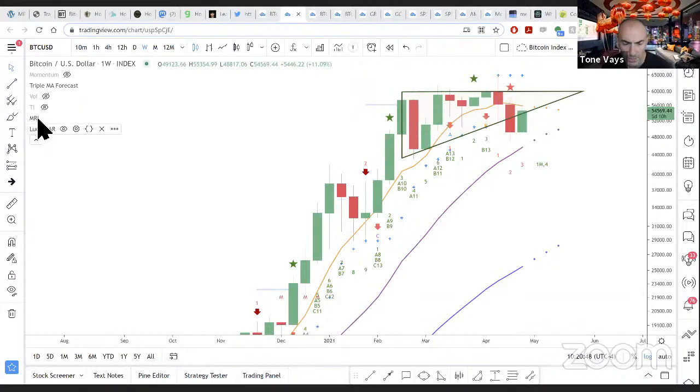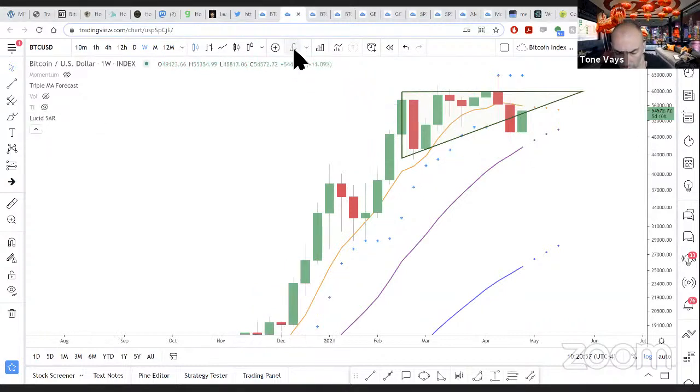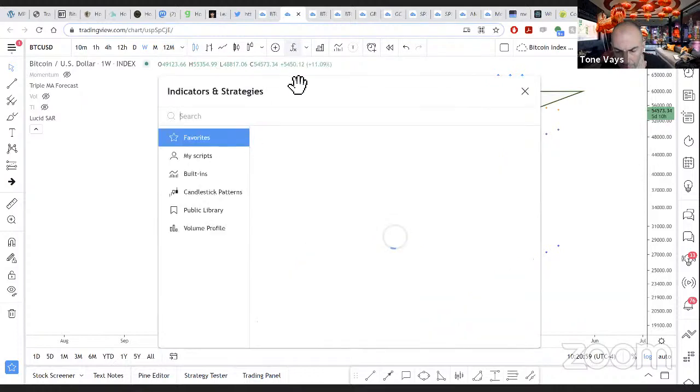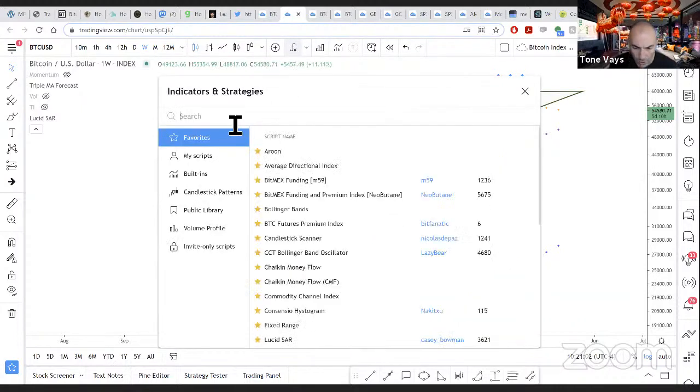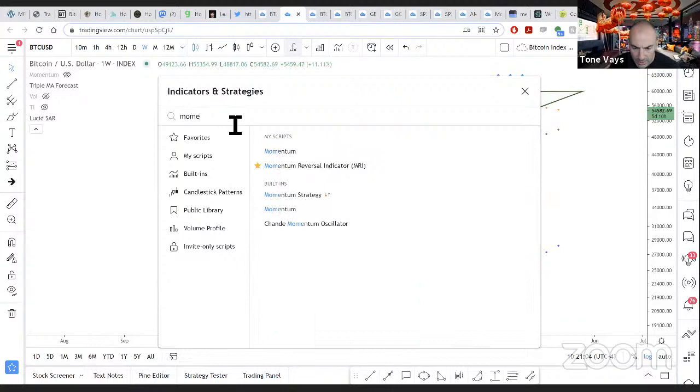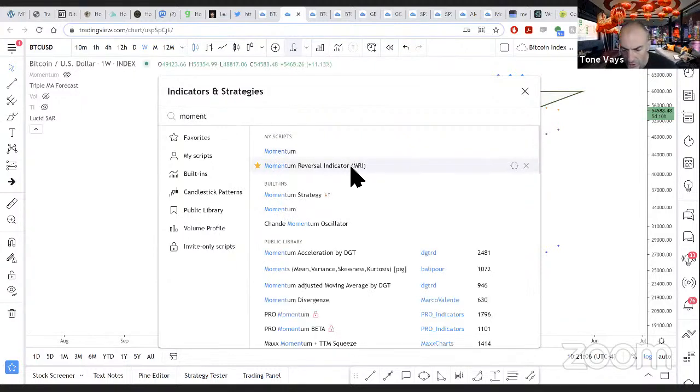Hey, guys, real quick, because some people are purchasing the MRI indicator and they have a problem putting it on the chart. So I'm going to show it to you right now. I'm going to remove it. To put it on your charts, if you have access to it, if you do a search for momentum reversal indicator and it shows up, it will not work.